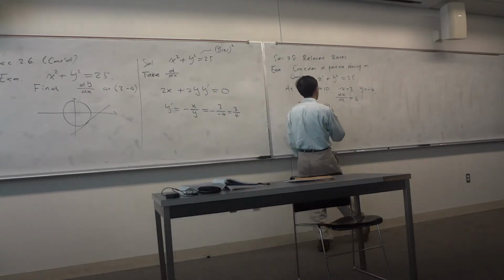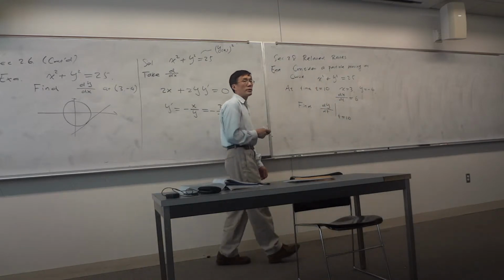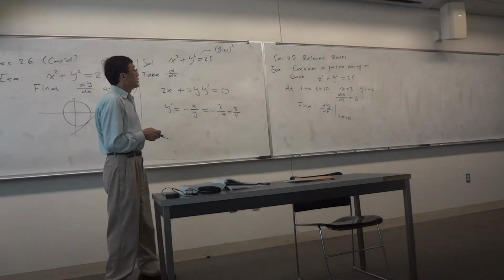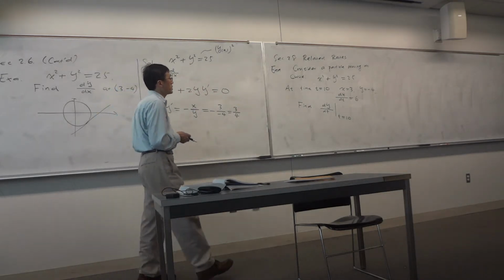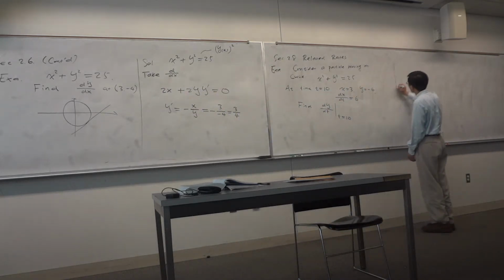Let me make it clear. At t equals 10, it means at that particular moment, t equals 10. So you can think about this as a kind of physics problem where you have a curve, which is a circle here.